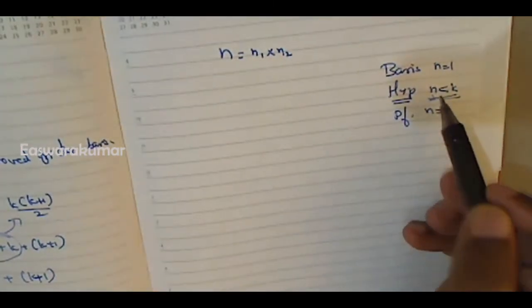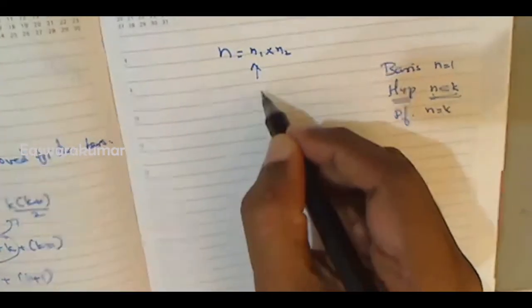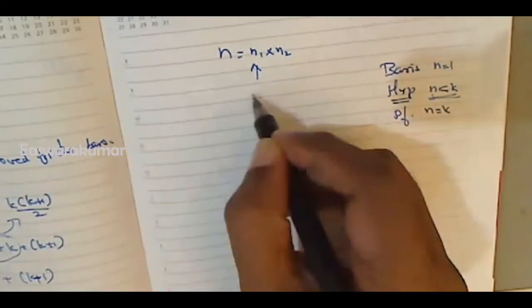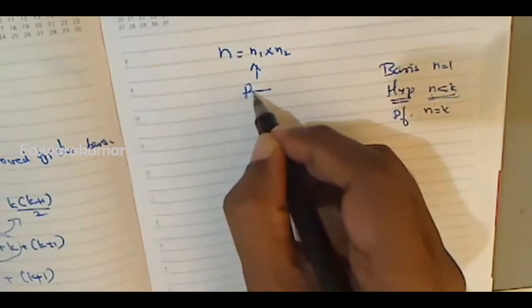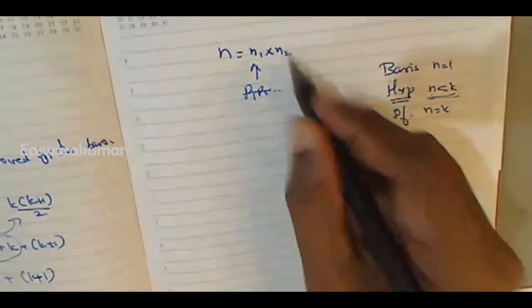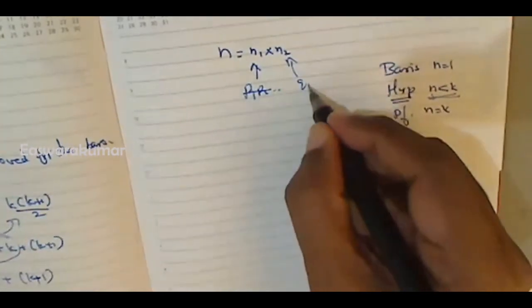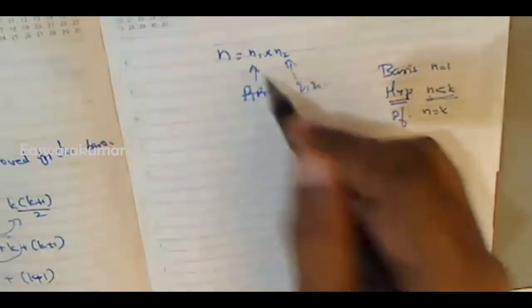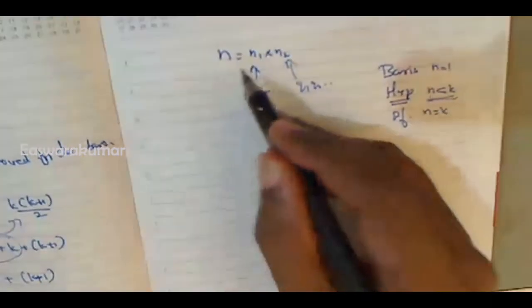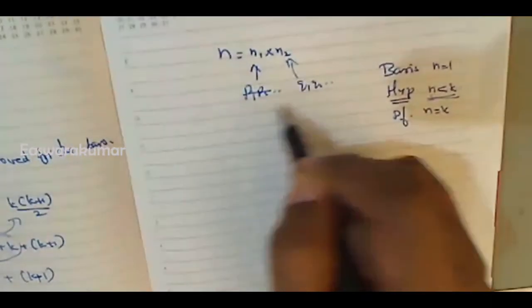Based on the hypothesis, n1 can be written as a product of prime numbers, maybe P1, P2, etc., and n2 can be written as a product of prime numbers Q1, Q2, etc. So if you multiply these two, this is also a product of prime numbers. So any integer can be represented as a product of prime numbers.